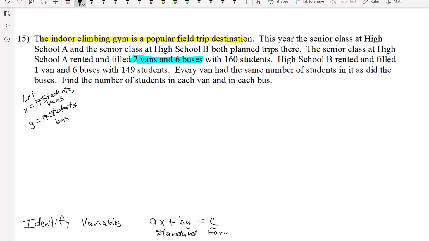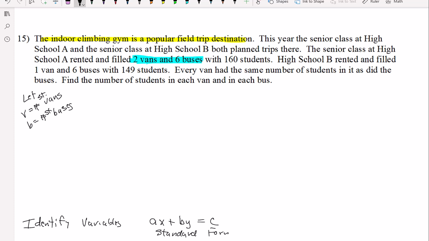Or you could go V. Sometimes if you use the letter that represents, so V equals the number of students that ride in vans, and B will equal the number of students that ride in the buses. Sometimes that just makes it more visible. Some kids like X and Y because that's what they're used to.